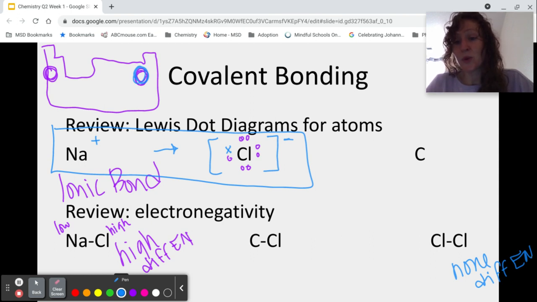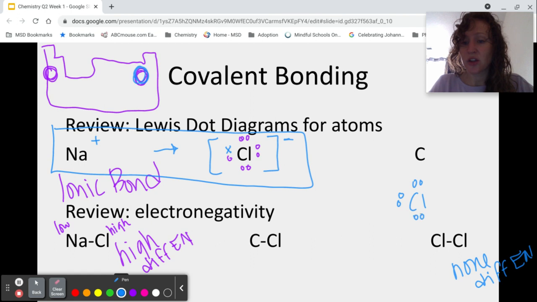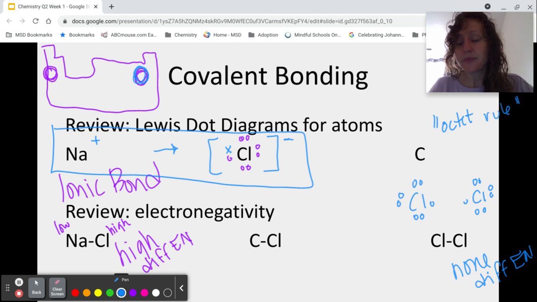So what happens with their electrons? They each need an additional electron, right? Chlorine has 7, the other chlorine has 7. So they are unstable because of the octet rule, right? They each need one more.